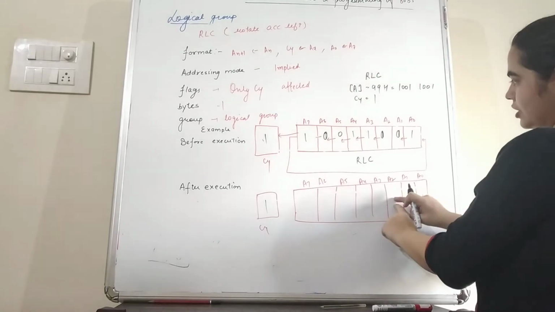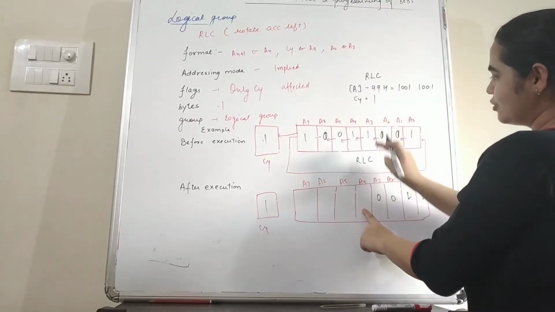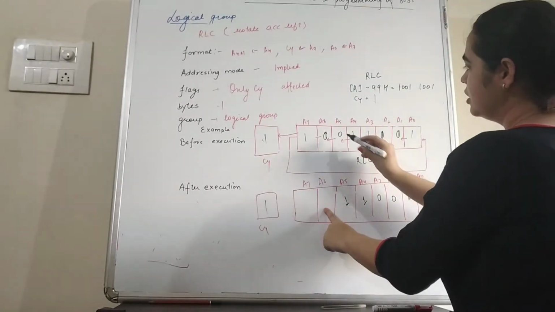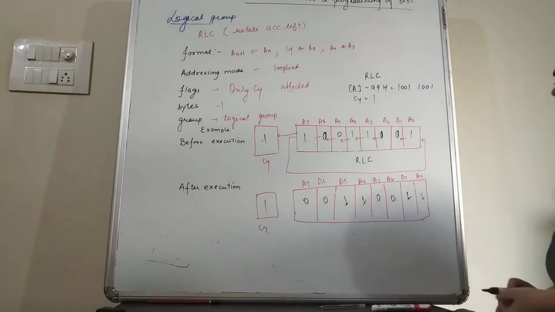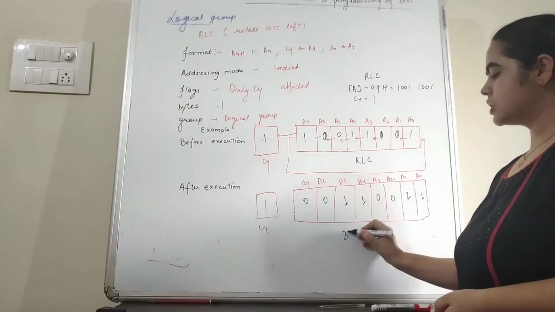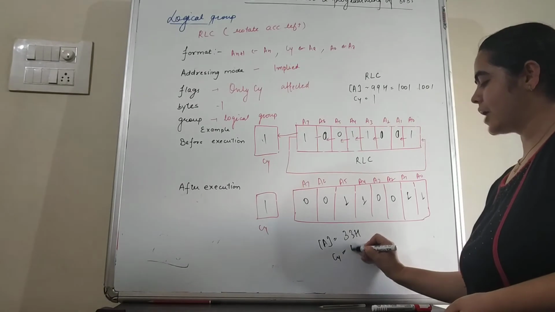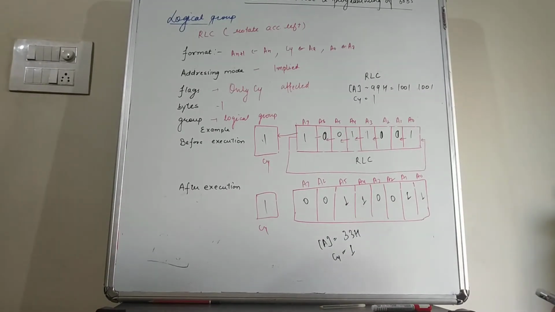The value of A1 will be moved to A2, value of A2 will be moved here, value of A3 will be moved to A4, value of A4 will be moved here, value of A5 here, value of A6 here. So after execution, the contents of the accumulator are 33H, and in the carry flag we have value 1. So this is how we can perform RLC.